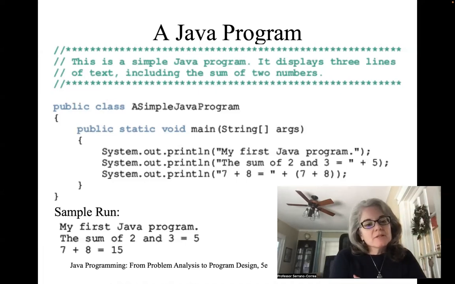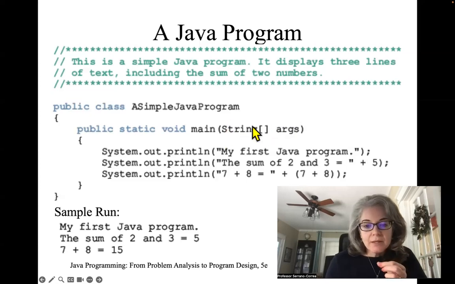And then we have public class, a simple Java program. So this is the name of our program. We have main. We'll talk about the method arguments, the things that go in parentheses, later on when we get into methods. So for right now, you're just going to put this in there and don't worry about why.